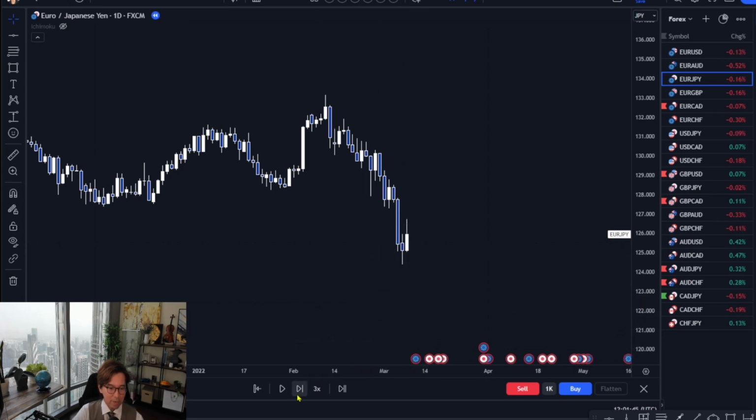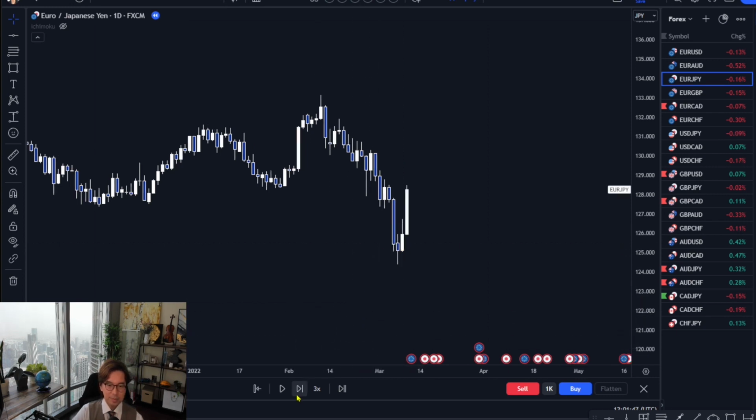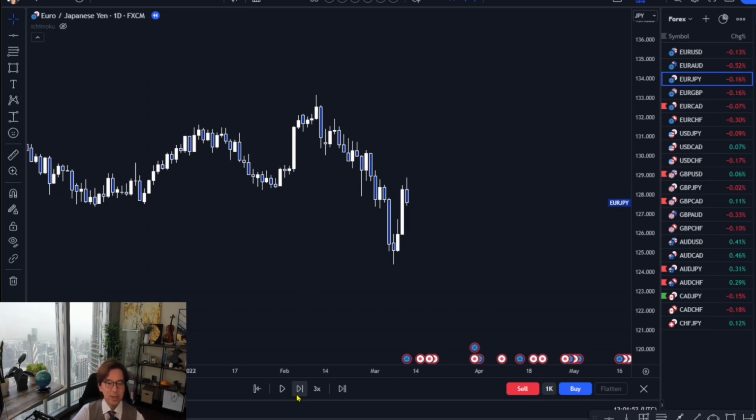Let me just move one by one like this manually, and whenever I see one of these patterns, I will stop, assuming that this is the live market, so that when you see the market moving, hopefully you'll be able to identify what pattern you are finding in the market.